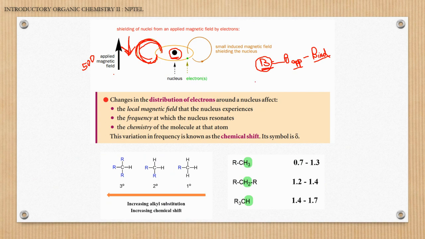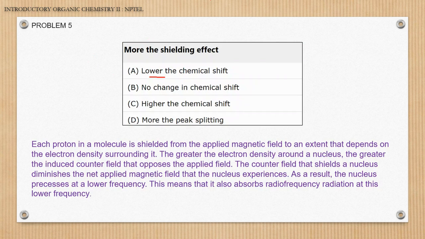So this is how you can say that if the shielding effect is high, your chemical shift value will be lower. Is it clear, guys? Yes. Okay.